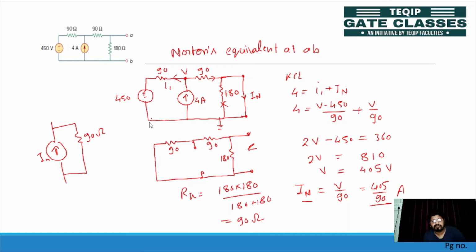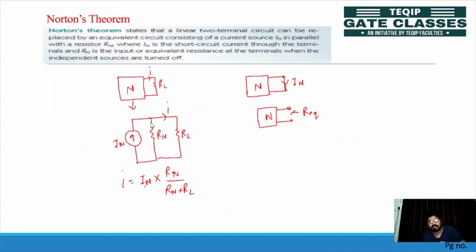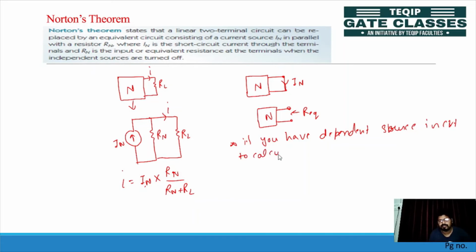So what you will do, like here also, if you have a dependent source in circuit, to calculate RTH, तो डिपेंडेंट सोर्स को आप ऑफ नहीं कर सकते, तो we have three methods to calculate RTH.